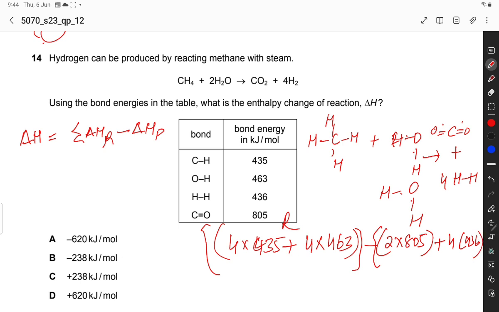So by calculating, 4 into 435 is equal to 1740, plus 463 into 4 is equal to 1852.